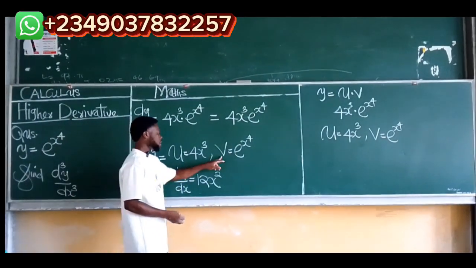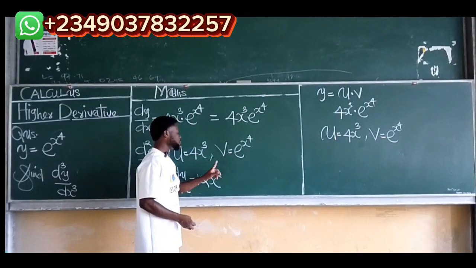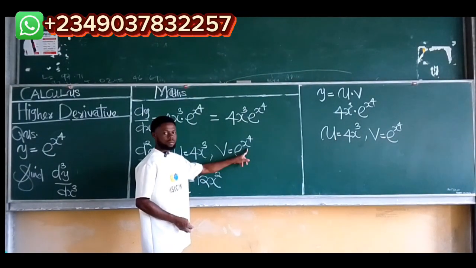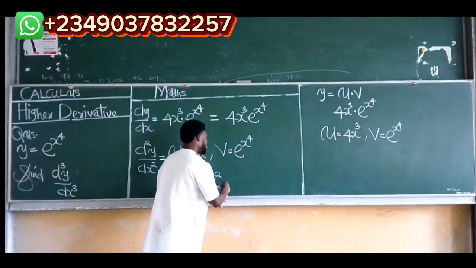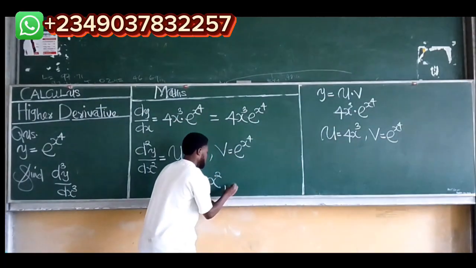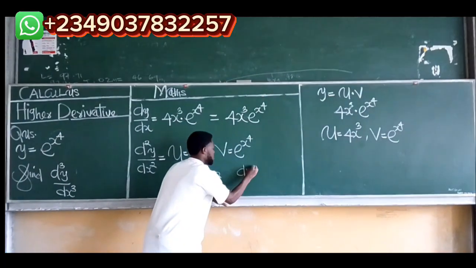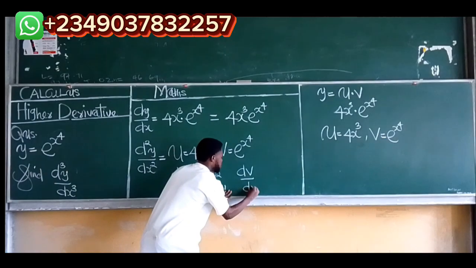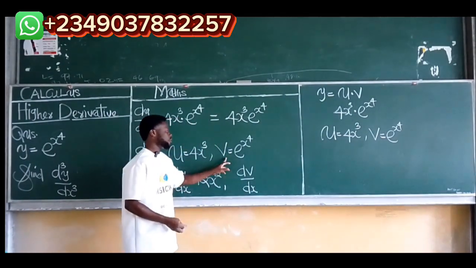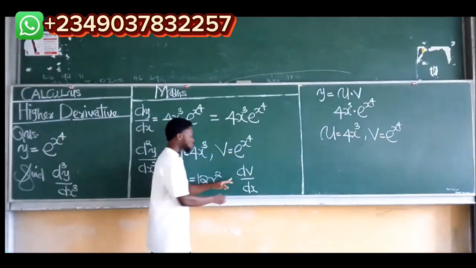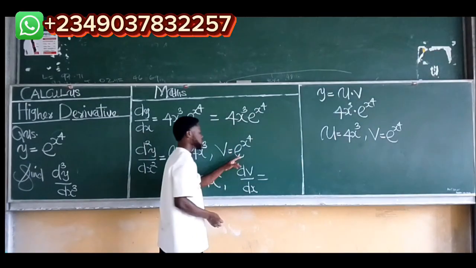Whereas for the second function, because we have v and x, the derivative becomes dv/dx. So what will be the result? This is the chain rule.